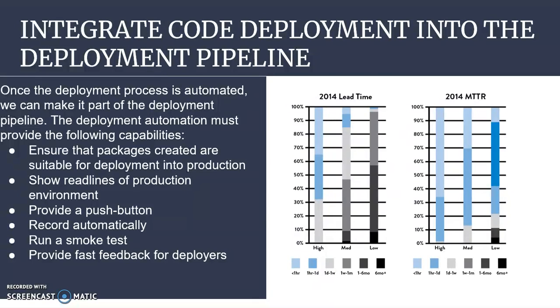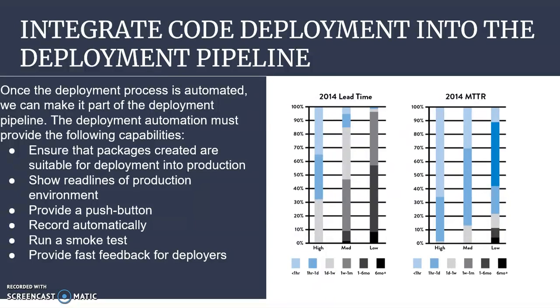Integrate code deployment into the deployment pipeline. Once the deployment process is automated, we can make it part of the deployment pipeline. The deployment automation must provide the following capabilities. Ensure that packages created during the continuous integration process are suitable for deployment into production. Show the readiness of production environments at a glance. Provide a push-button self-service method for any suitable version of the package code to be deployed into production.